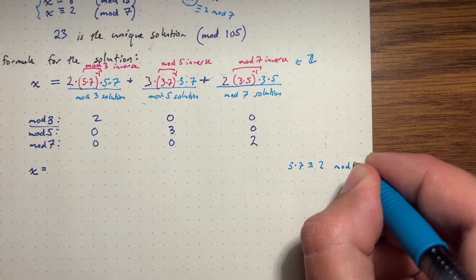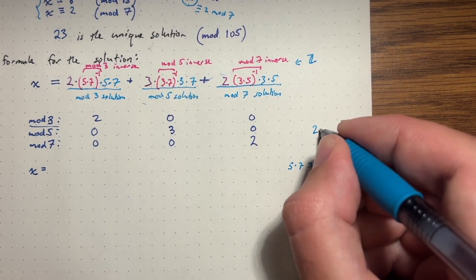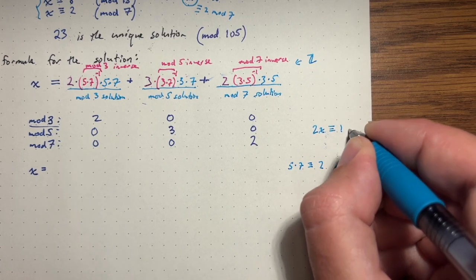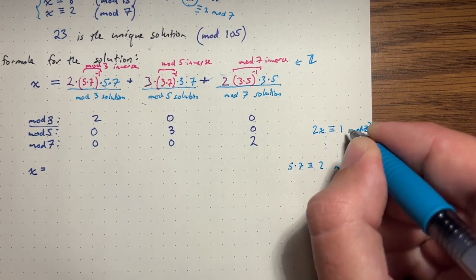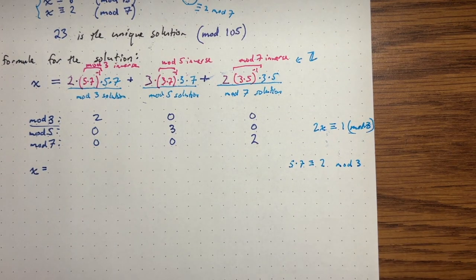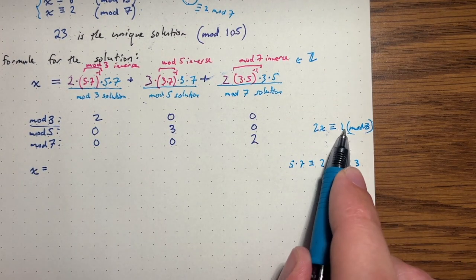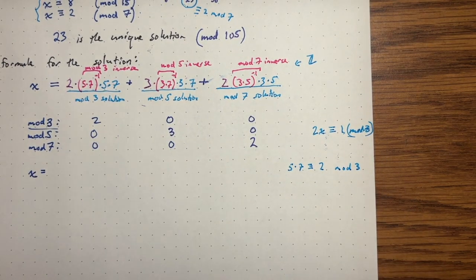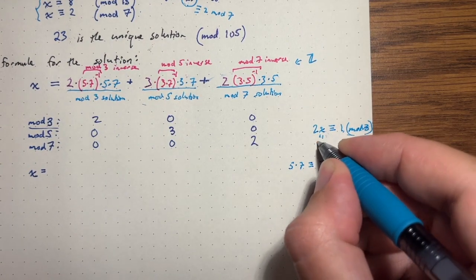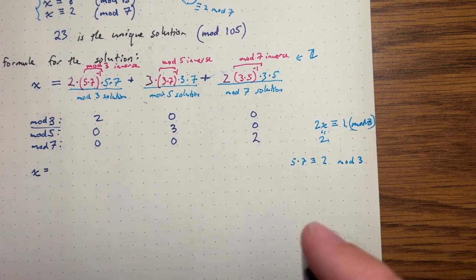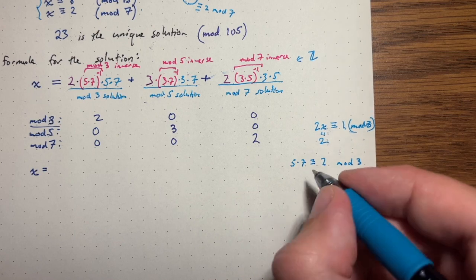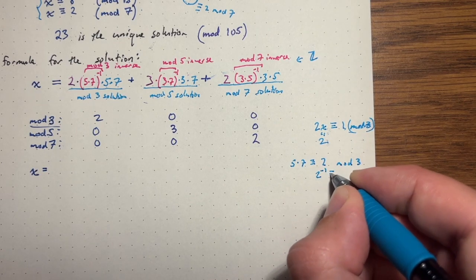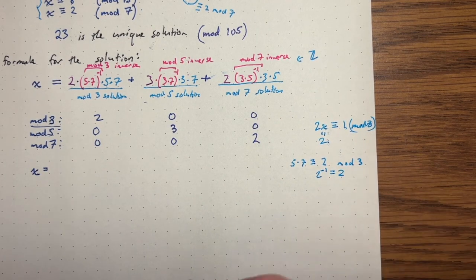I want to actually find the inverse of 2, meaning the solution to this, just to remind you what a modular inverse is. I want to find something to multiply it by to get 1 modulo 3. Well, 2 works, right? So 2 is actually its own inverse. 2 inverse is just 2 modulo 3.